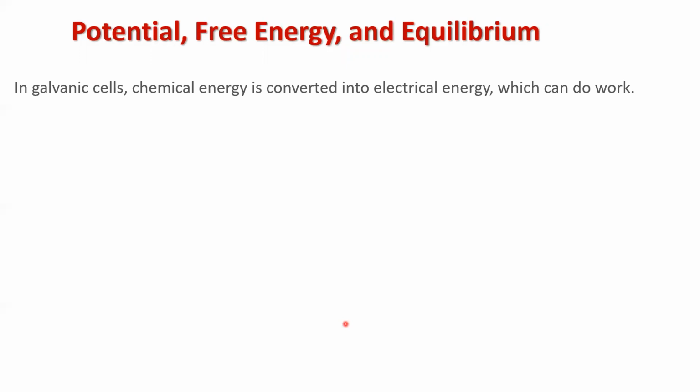Now, let's connect this to equilibrium, which is what we talked about in the last couple of chapters. So when we look at galvanic cells, they take chemical energy in that redox reaction and they convert it to electrical energy. And the electrical energy can do work.